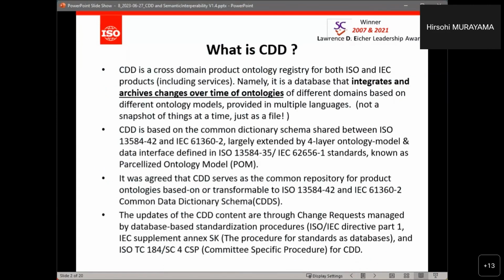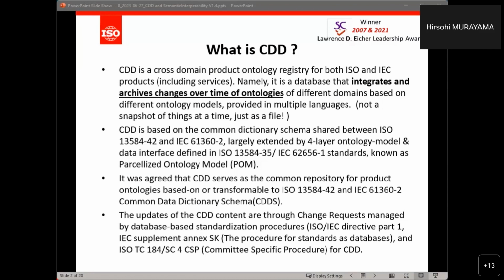A CDD is a cross-domain product ontology registry for both ISO and IEC products, including services. Namely, it's a database that integrates and archives changes over time of ontologies of different domains based on different ontology models provided in multiple languages, not just in English. Not a snapshot of the latest things, but accumulation of the changes of ontologies over time.